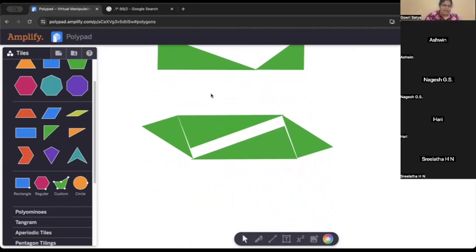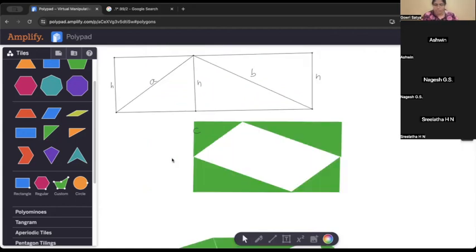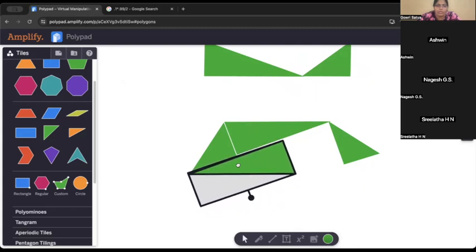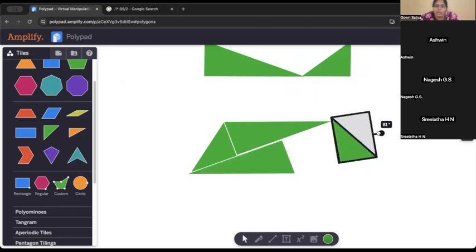I think it's better to do it with some paper. Yeah, I'm trying with paper. So I could make a parallelogram with a rectangular hole by putting it the other way. Oh, there's no hole.